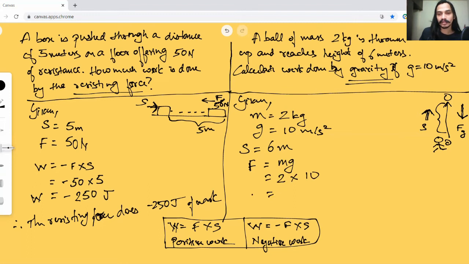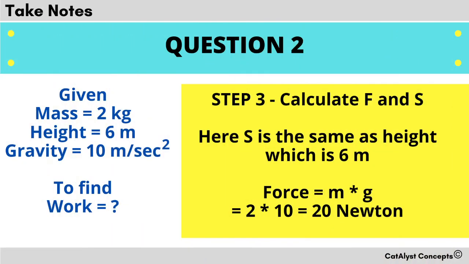So force is 2 tens are 20 newtons. Kilogram and meter per second square, if you multiply, we get newton. Now we have our F value, we have our S value. What is remaining is to find out our W value.